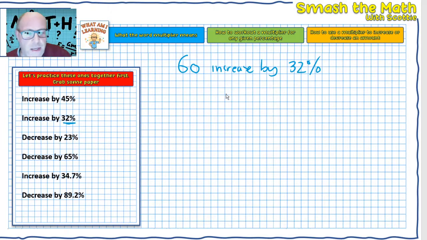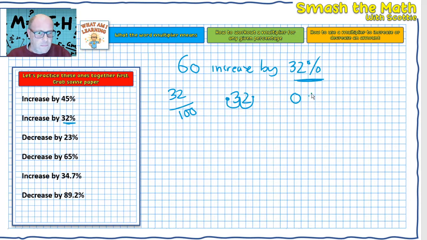Okay, now first thing I do, work out my multiplier for the percentage. So remember, that's 32. I'm going to divide it by 100 to get it as a decimal between 1 and 0. So I can shift this 2 places. So there is my multiplier for 32%. So remember, I'm starting with 60. That's 100%.